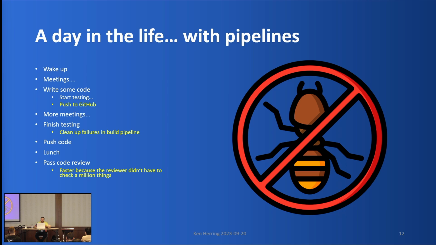So it's easier for them. They can read through it, they can say, Ken, that's very readable and maintainable, and pass, and that doesn't always go that way, but in my dreams it does. And then I'll merge and we'll end up with a deployment that doesn't have a bug because I forgot to test something. And that's really where the value of build pipelines comes in.